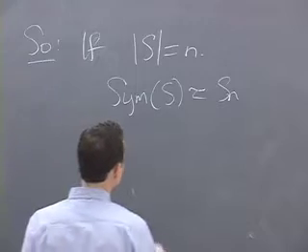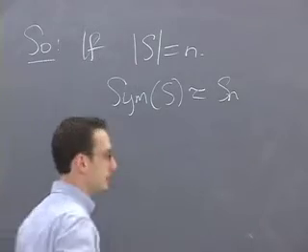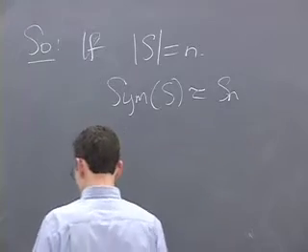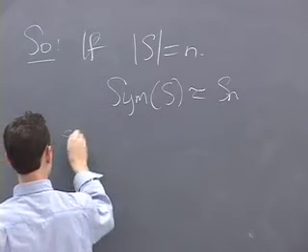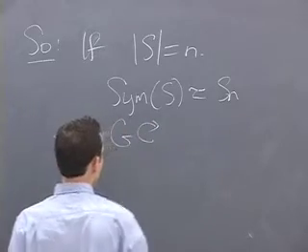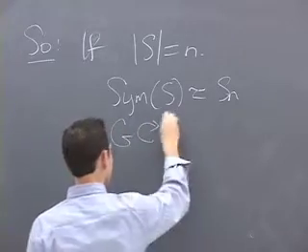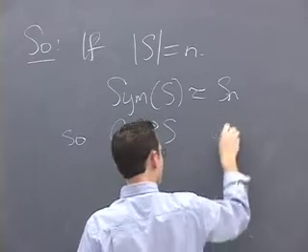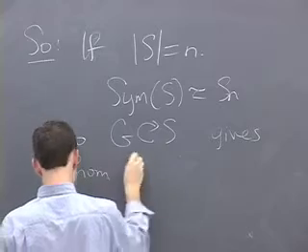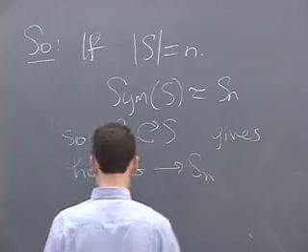It relies on labeling the elements of S from 1 through n, but that's not a big deal. So if we have some action of G on S, then we have a homomorphism from G to Sn.